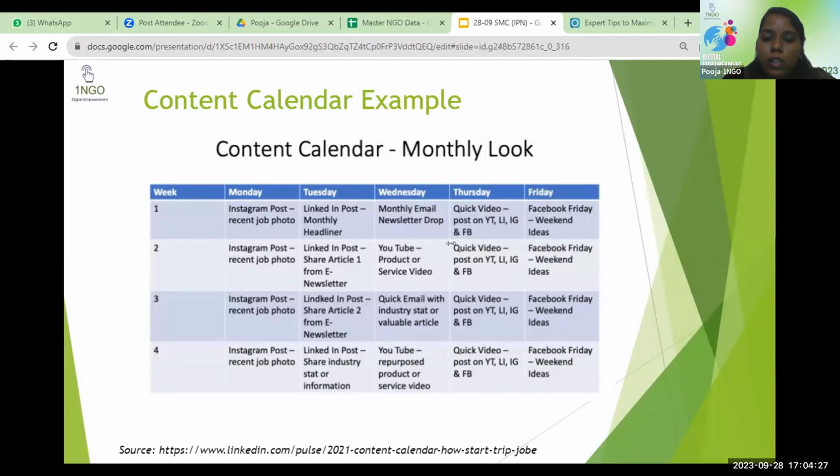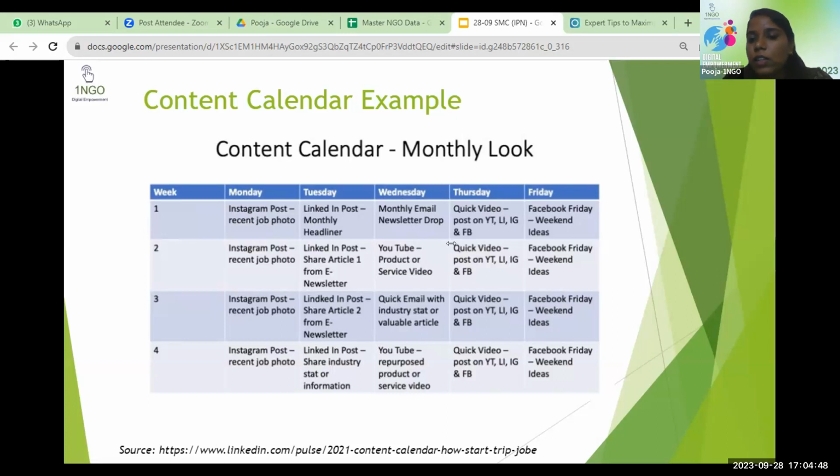So for example, if I am a grassroots level organization and I do not have many photos or much content that I want to share, what will I do? I will condense this calendar. So 8 posts in a month, 2 posts weekly, I can segregate like that.